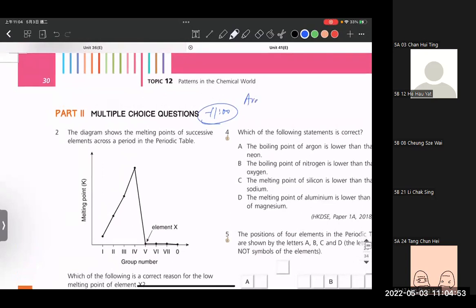Okay. So the average mark is 12 out of 15. Most of you have done a good job, but I do hope you can do the same in your final exam.